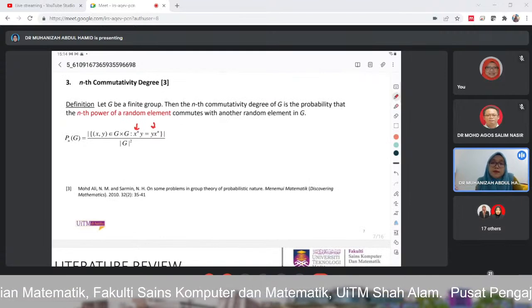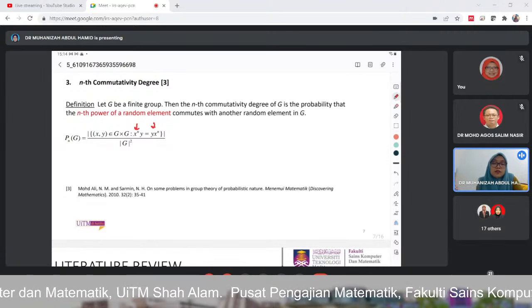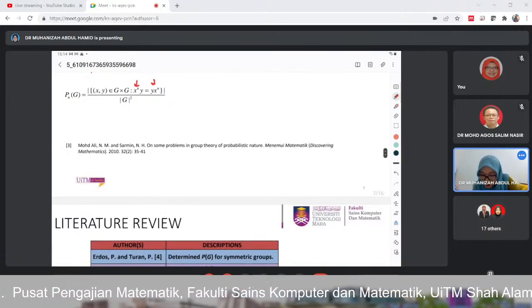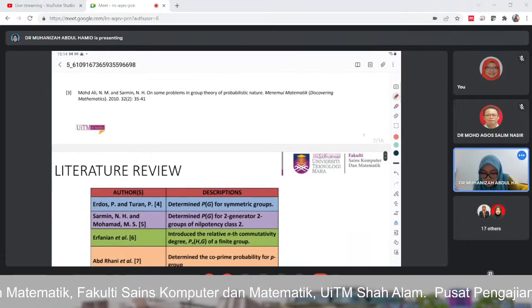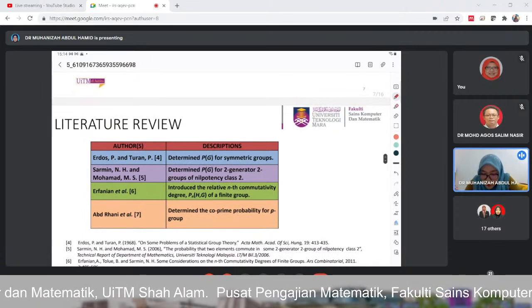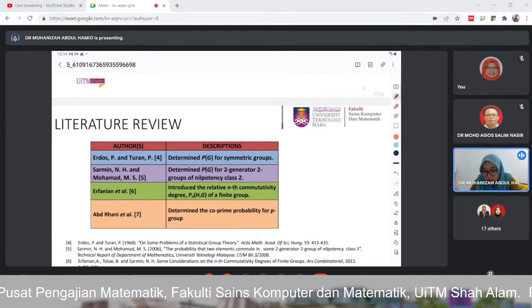Okay, and there are many generalizations of the commutativity degree which have been done by many researchers, as stated in this table. As I mentioned just now, Erdos and Turan determined P(G) for a symmetric group.